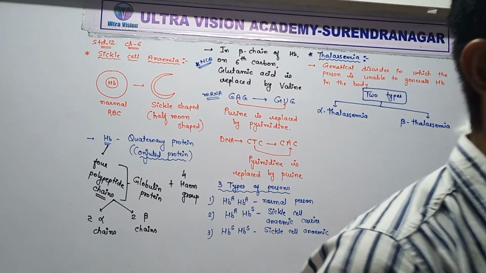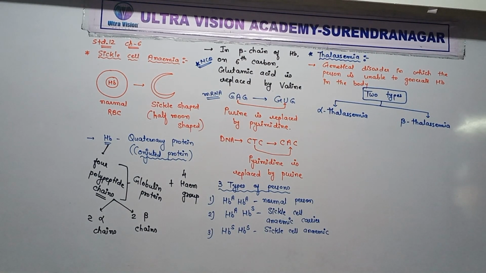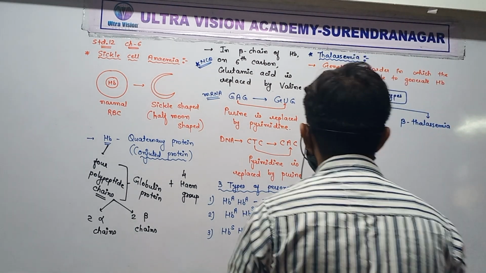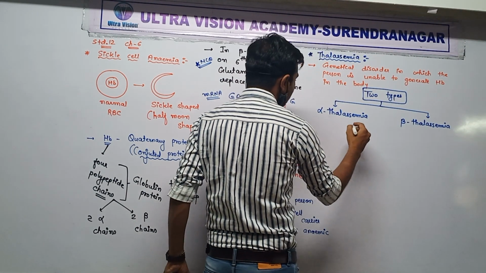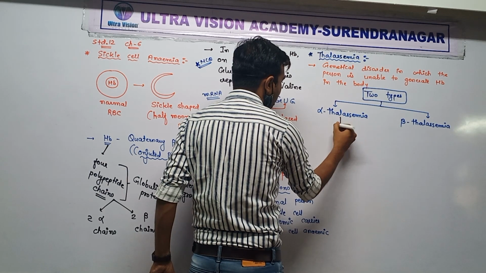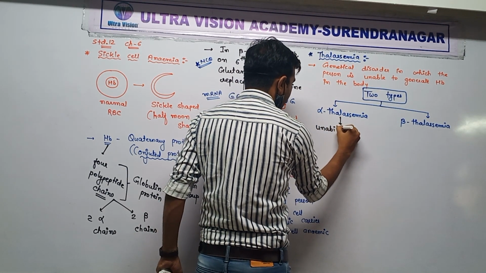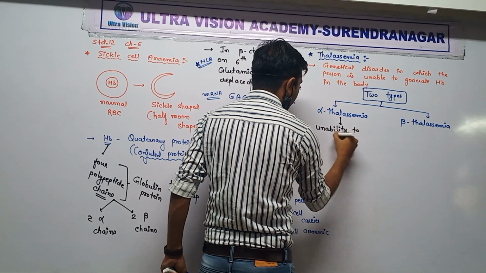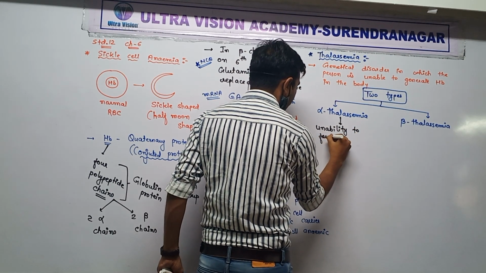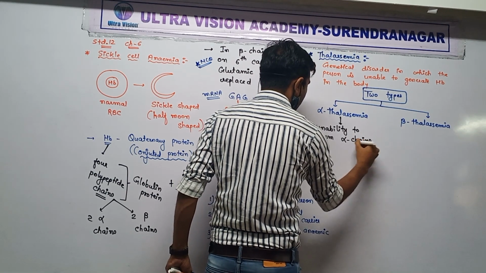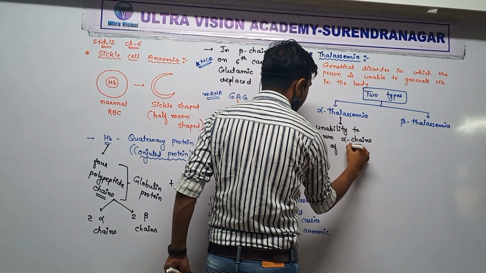In alpha thalassemia, the person is unable to form the alpha chains of hemoglobin.